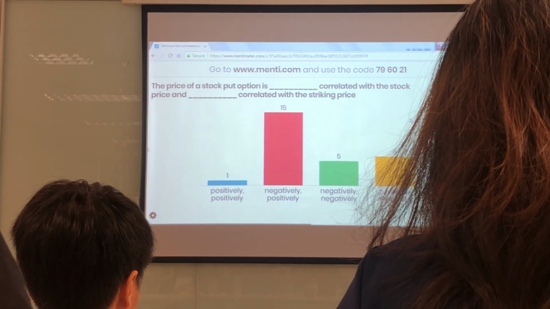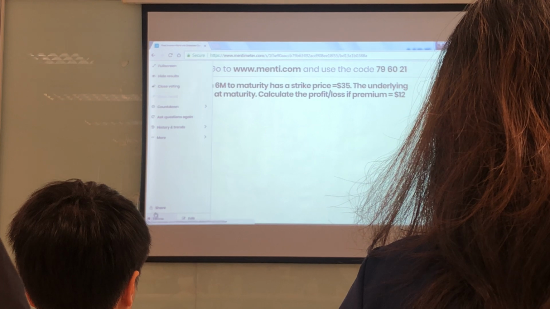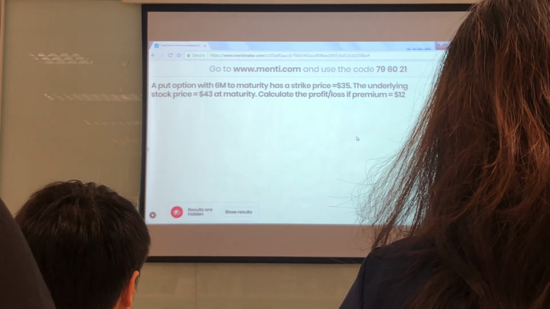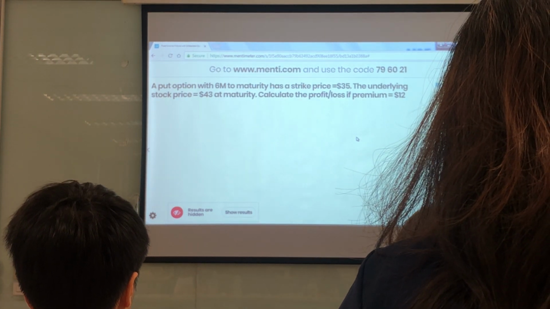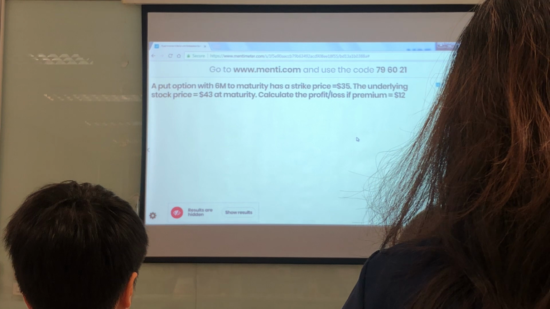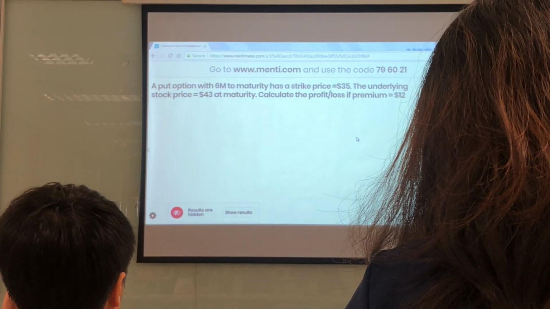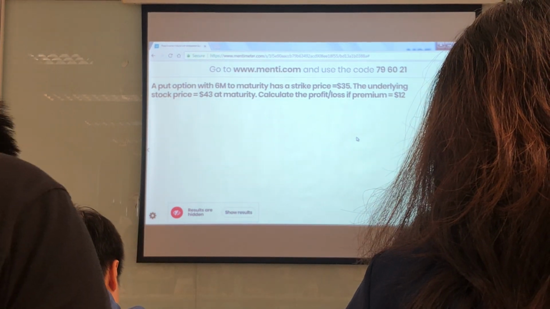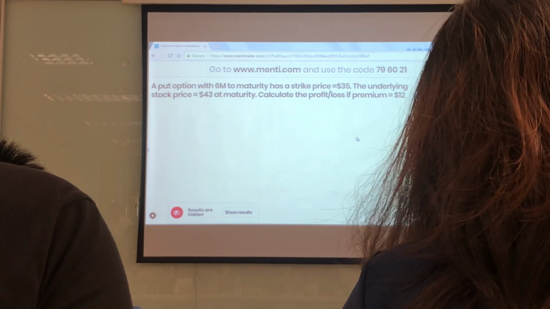Last question before we move on. Suppose this is a European put option. We consider the net profit or loss, incorporating the cost of buying this put option.